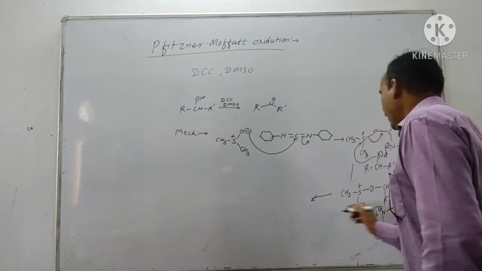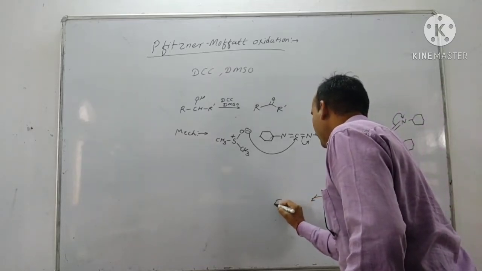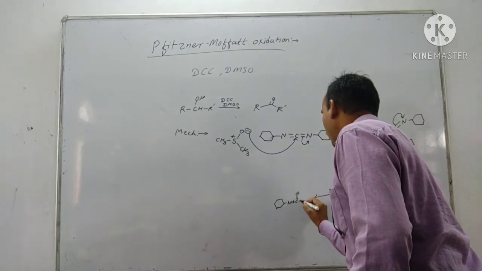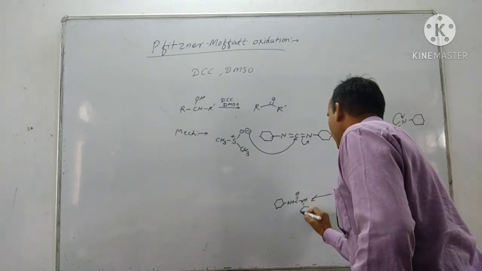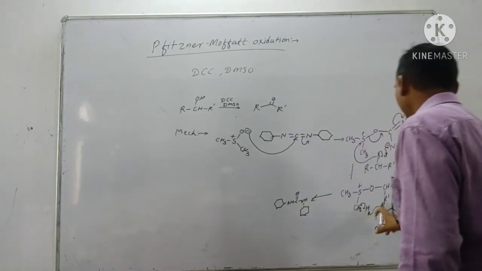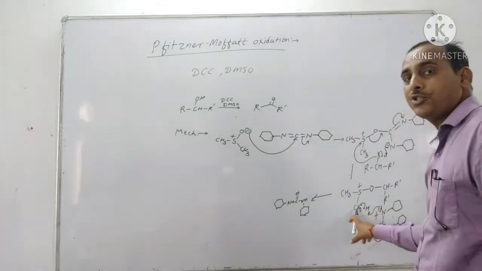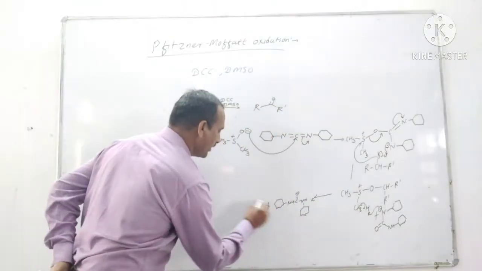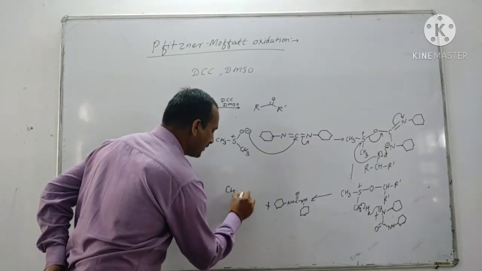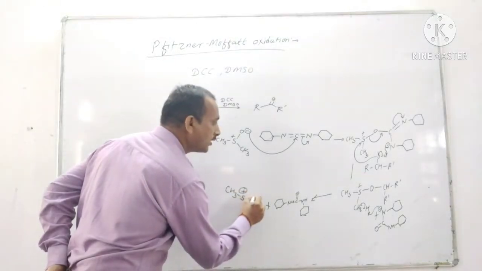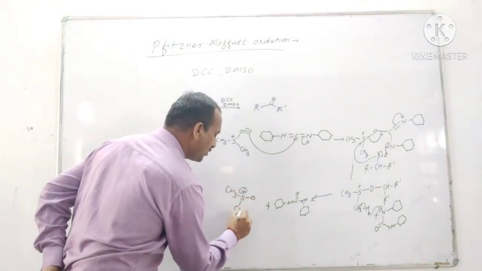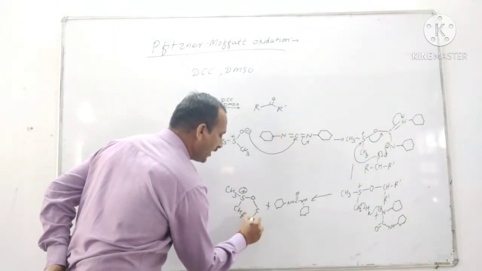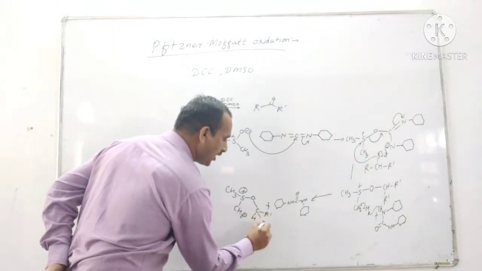Then the dicyclohexyl urea is removed and H C double bond O and H. This dicyclohexyl urea is removed, then there is formation of CH2 minus plus CH3S plus O CH2 minus O CH R dash R.